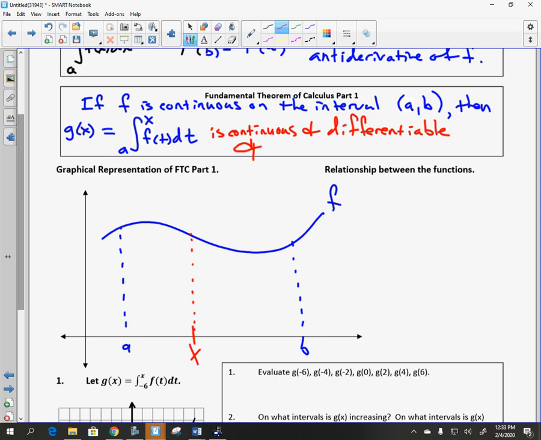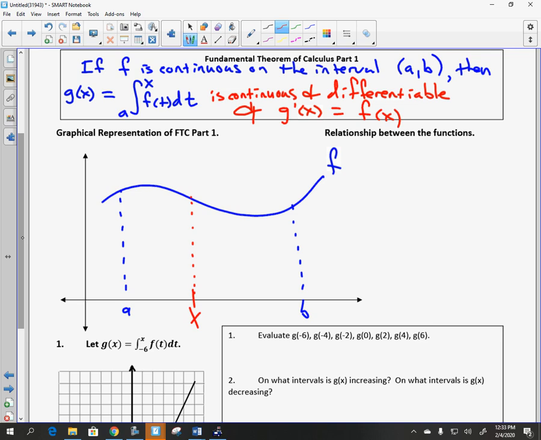And the biggest thing of all, and this is what we pointed out to you day one, the derivative of the area function: if you take g prime of x, you get, in fact, f of x. The derivative of the area function is the function that bounds it.